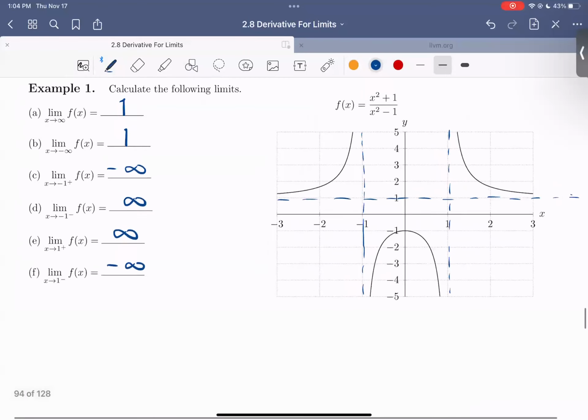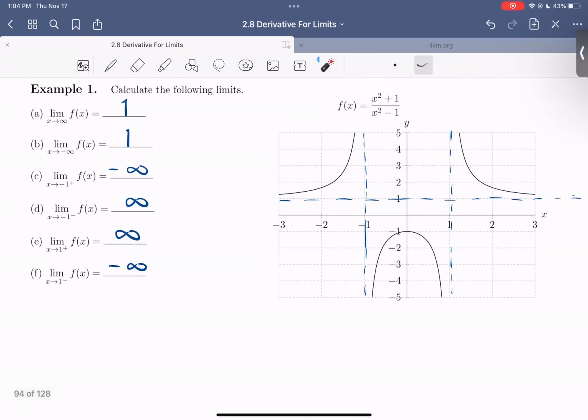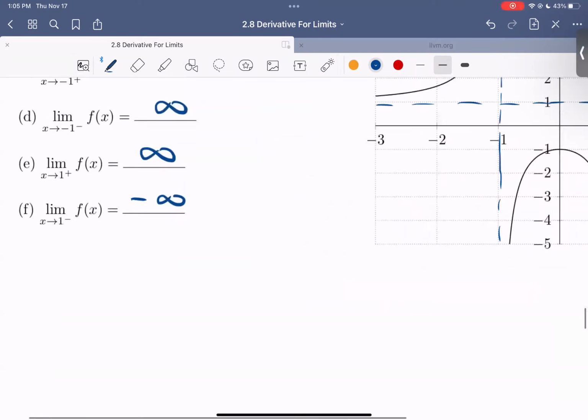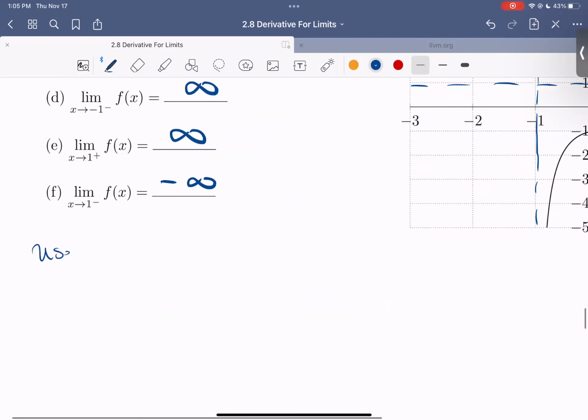Now let's recall how we would compute or find those limits using just the function. This is a bit of a review for us from our first chapter. Recall that the approach using the function, using f of x as written, would be to use a table.